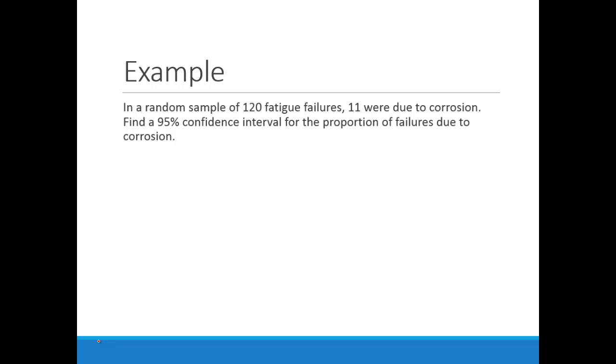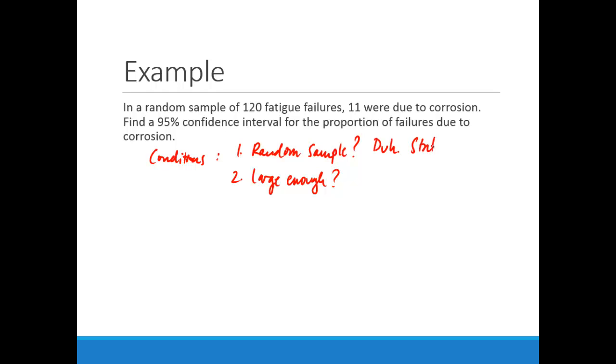My first step when calculating a confidence interval is to make sure that my conditions are okay. One, do I have a random sample? And two, is the sample large enough? Do I have a random sample? Yes, duh, right? It's stated.